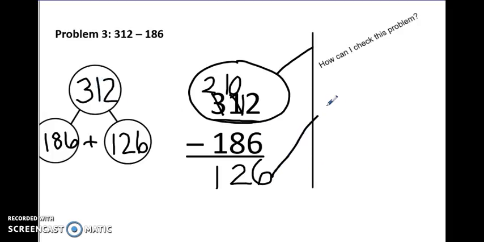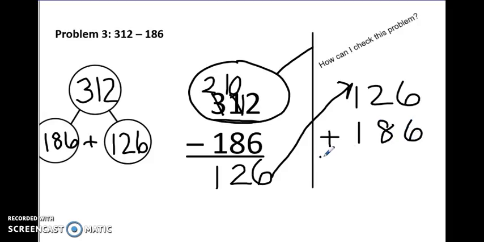So draw a line from 126, place it at the top, change my subtraction sign to an addition sign, and bring my 186 over underneath my 126. Place my equal sign, and now we're going to add beginning with our ones place. 6 plus 6 would give me 12. So I put the 2 in the ones column, the new group of 10 in the tens column. 2 plus 8 is 10, plus 1, which is 11.